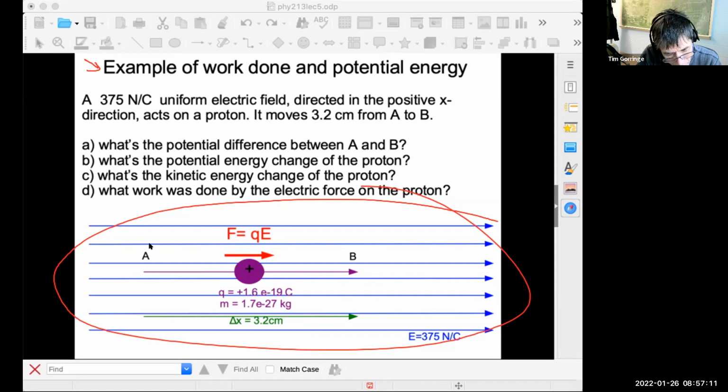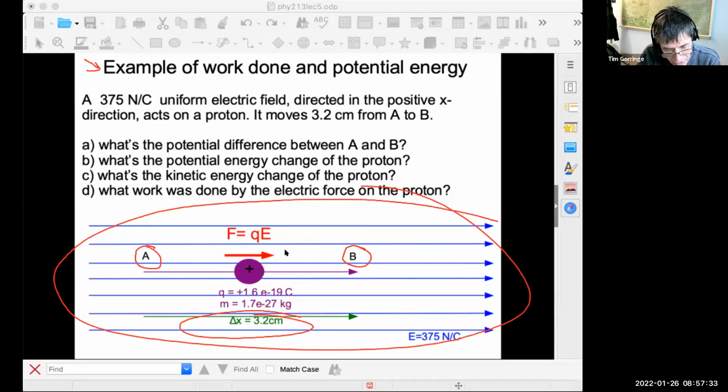It moves from this initial location over here on the left, A, to this final location over here on the right, B, in the direction of the electrical field. And it moves a distance that is 3.2 centimeters. And so we've pictured all of that.